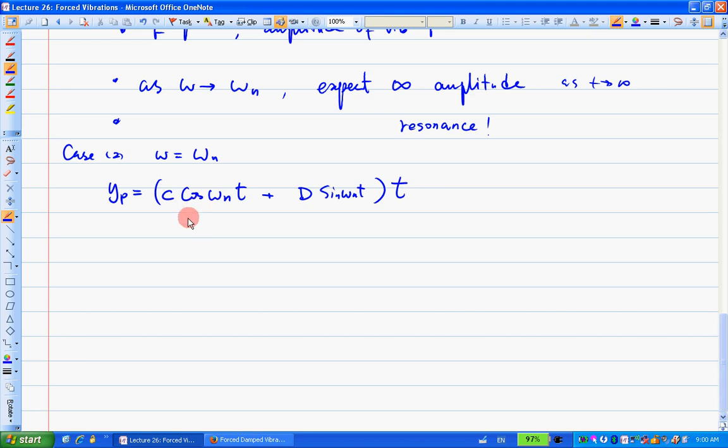So if I do the same integral, basically yp prime, yp double prime, and solve for c and d, we'll see that in this particular case, our c is 0, our d is f naught over 2m omega n. It's actually not bad, right? Very simple c and d.